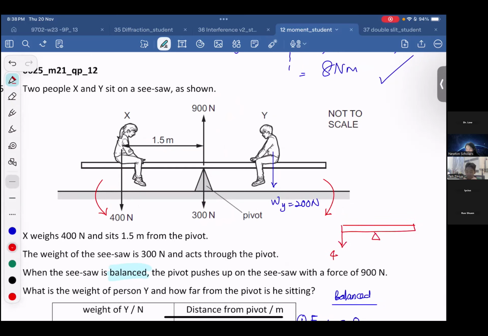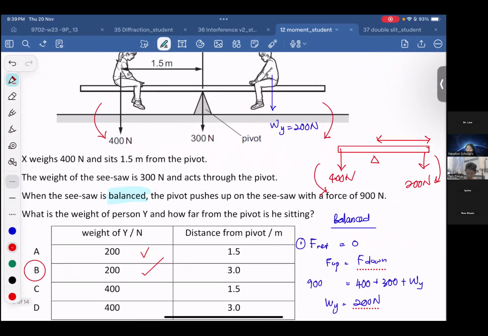Okay, so we've got a 400 Newton acting here, and another 200 Newton acting here. Now, in order to balance it, I need to know where should I put my 200 Newton? I want to find this distance. So here 400 is turning in this direction, then the other 200 Newton is turning clockwise.